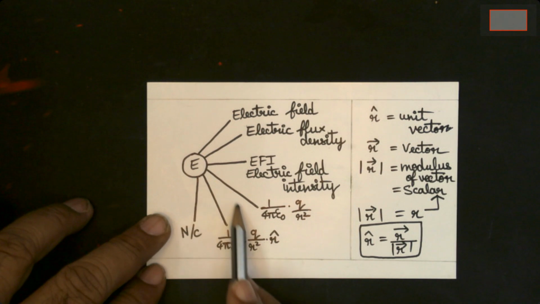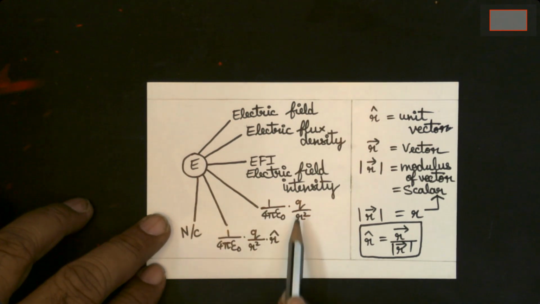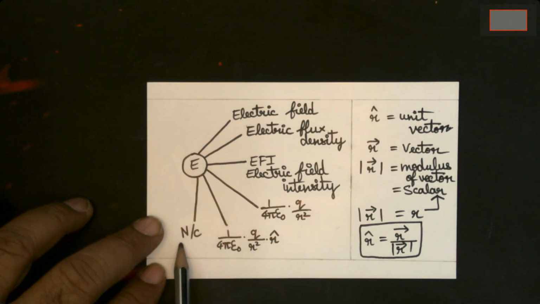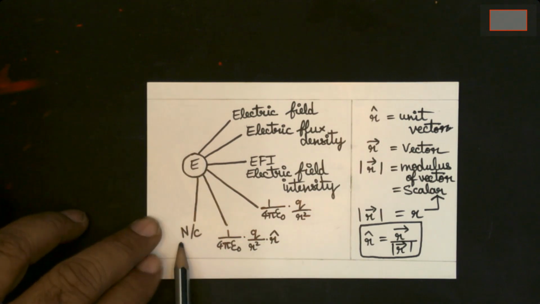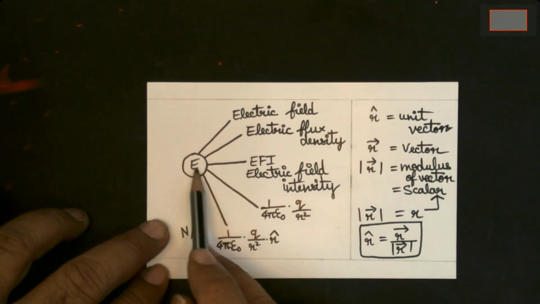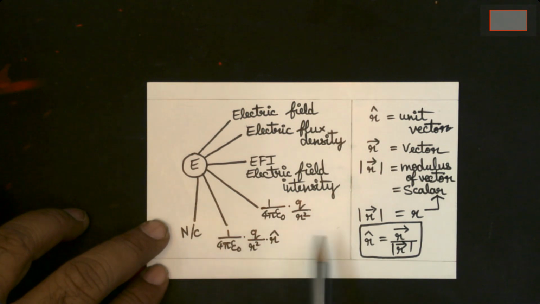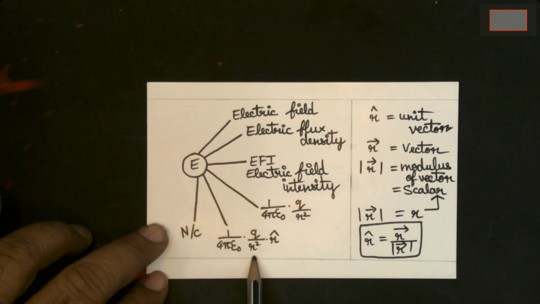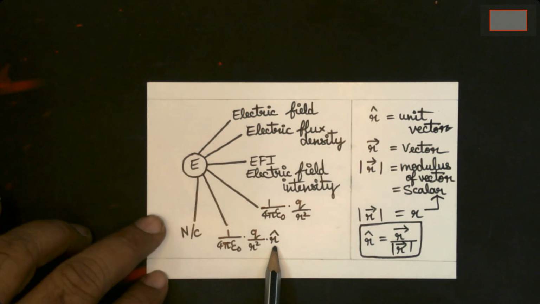So this is given by the expression 1 by 4 pi epsilon naught into Q by R squared, and its unit, as I already mentioned, is Newton per coulomb. This can also be represented by the vectorial formula, that is 1 by 4 pi epsilon naught into Q by R squared into R cap, where R cap is the unit vector of the distance.